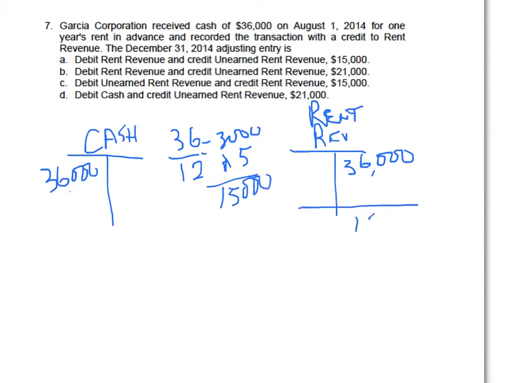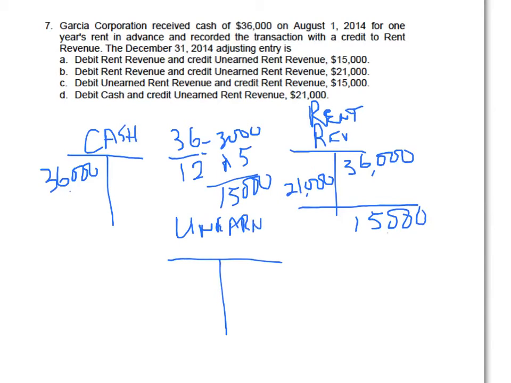So we want this to be 15,000, and we're going to debit rent revenue for 21,000 and credit a liability, unearned rent. And that liability is going to be credited for 21,000. And that's these two, here and here. See, debit to rent revenue, and a credit to unearned rent revenue. That's this one here, B.